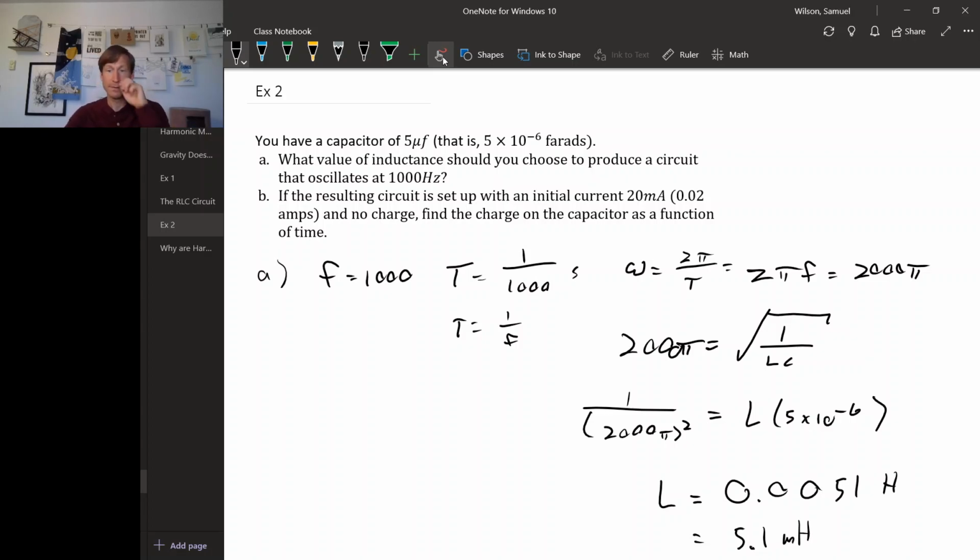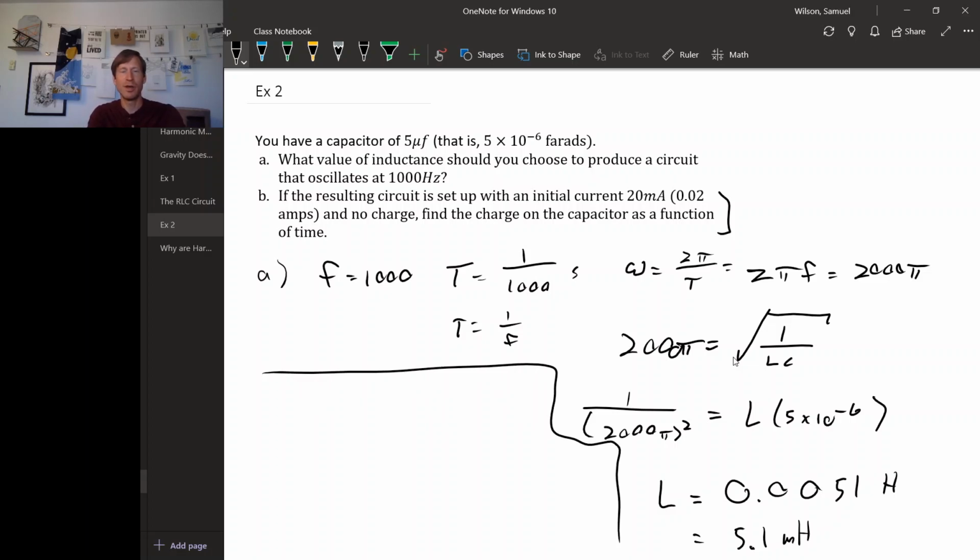Okay, so now that we know the component value for L, we can model this situation using our usual differential equation. For that differential equation, we should write all of our units in farads and henries so that they're compatible. If you mix microfarads with millihenries, your units aren't matching.